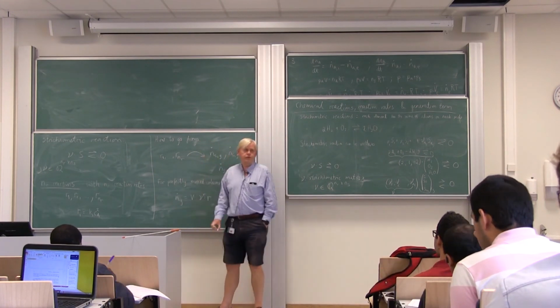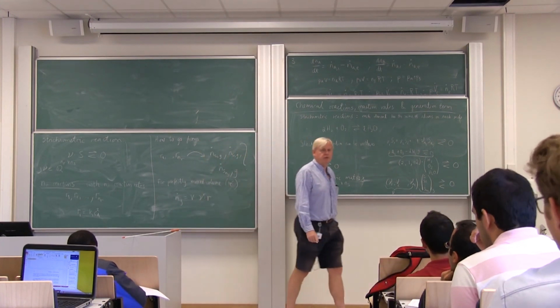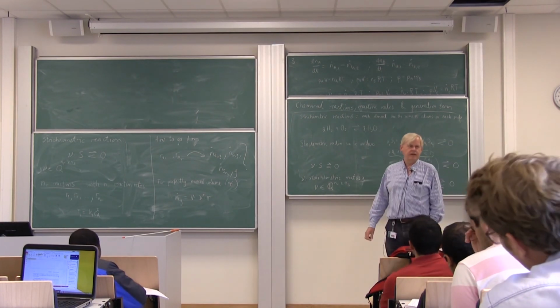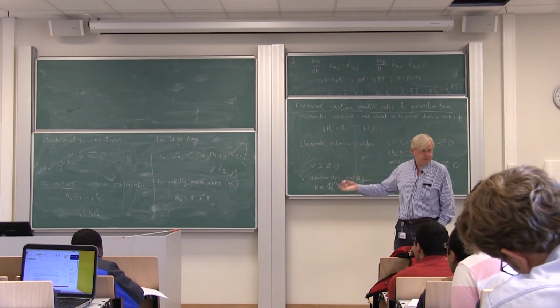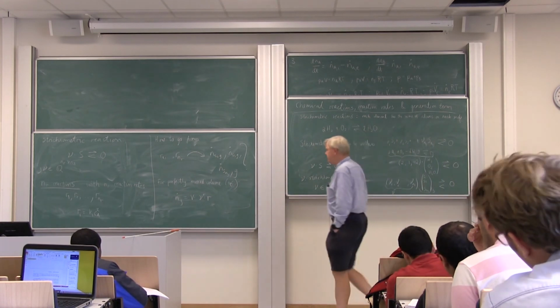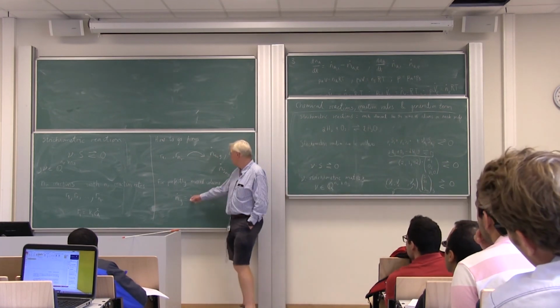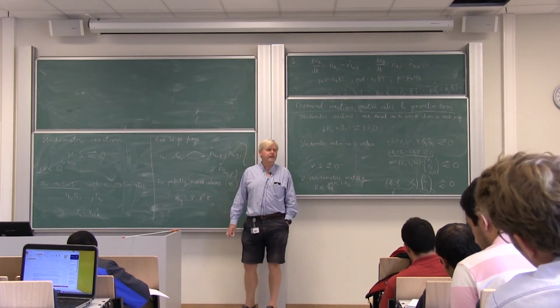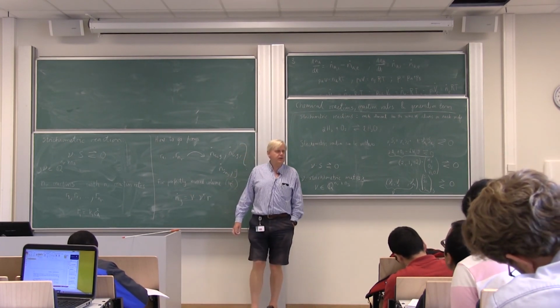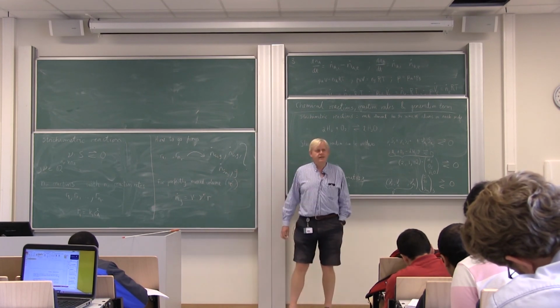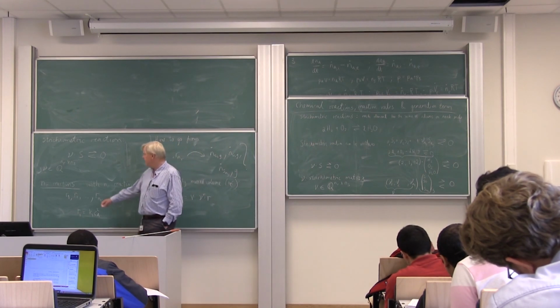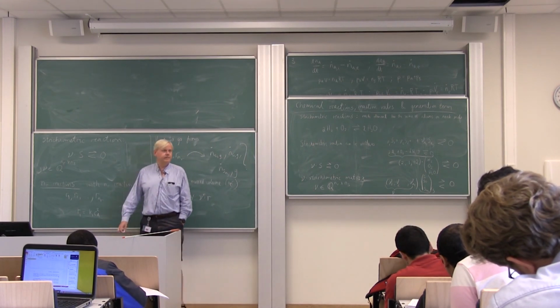The vector of molar generation terms is equal to the volume of the system multiplied by the transpose of the stoichiometric matrix multiplied by the vector of reaction rates.